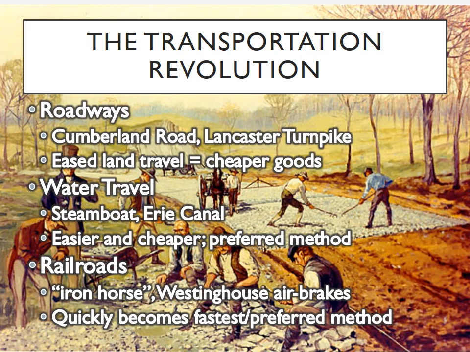These air brakes would ensure that the train actually stopped where it was supposed to stop. And because of its immense power and its ability to pull large amounts of very heavy goods, it quickly became the fastest and most preferred method of transportation for both goods and people.